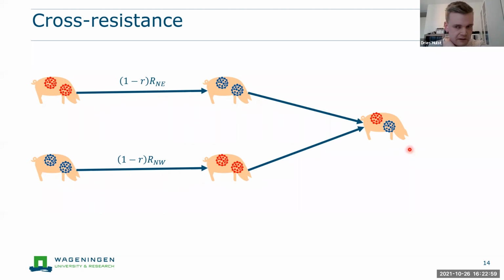But of course, these pathogens are related because the escape mutant is a mutant of the wild type. So probably the host already has some immunity or resistance against this other pathogen type as well, because it was infected with a related pathogen type before. So I call that cross resistance. We included that into the model.